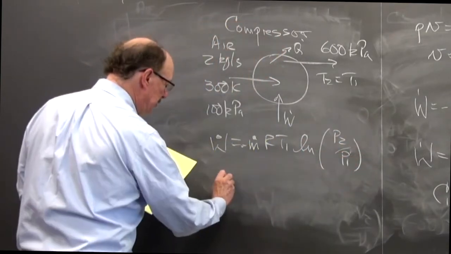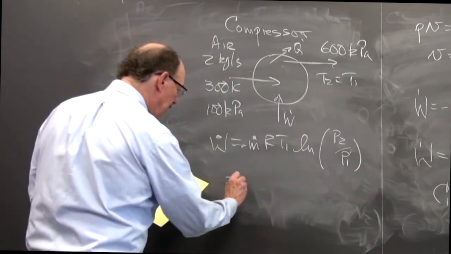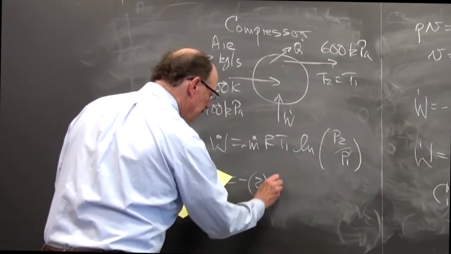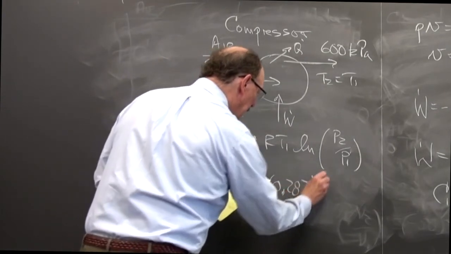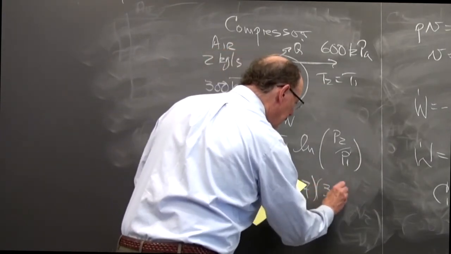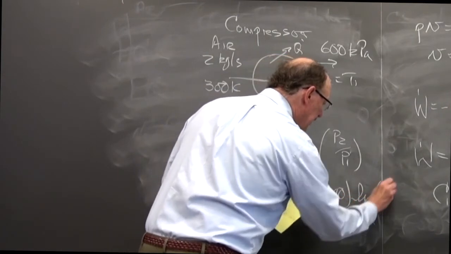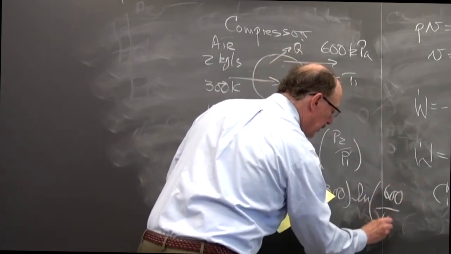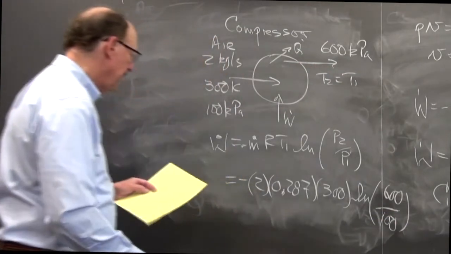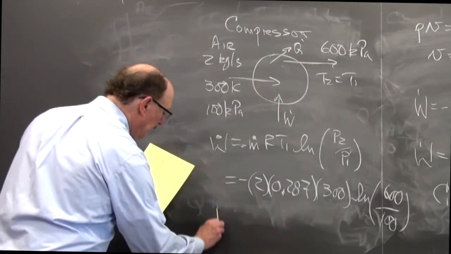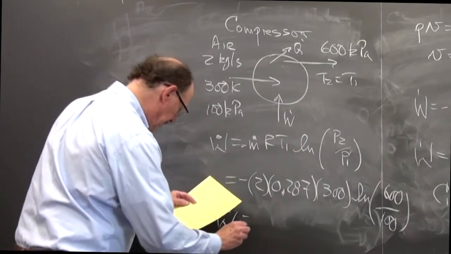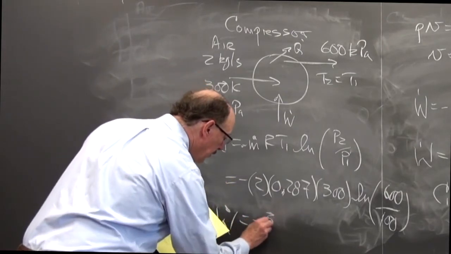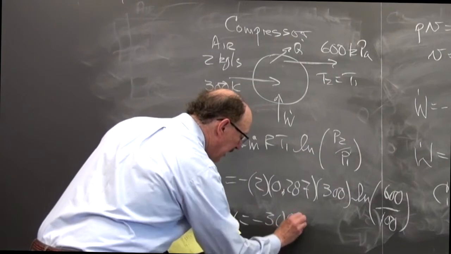Substituting in, we have minus 2 times 0.287 times 300 times the log of 600 over 100. If I solve for that, the power is equal to minus 308.5 kilowatts.